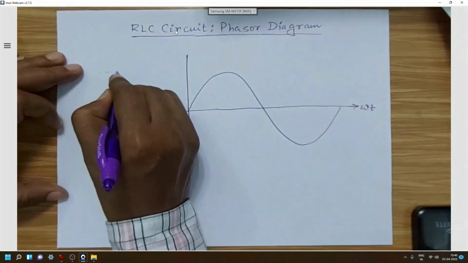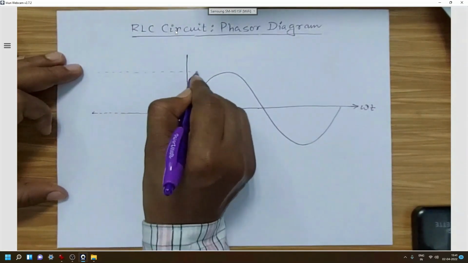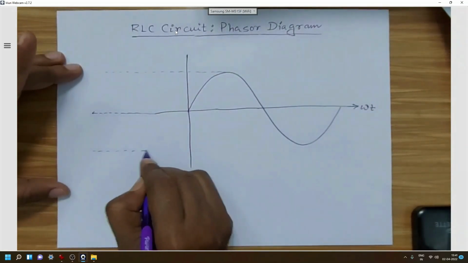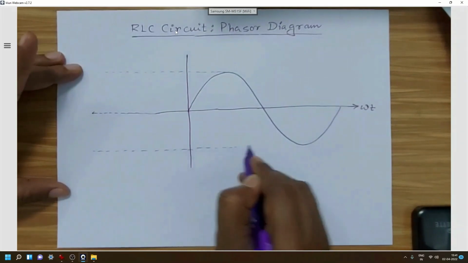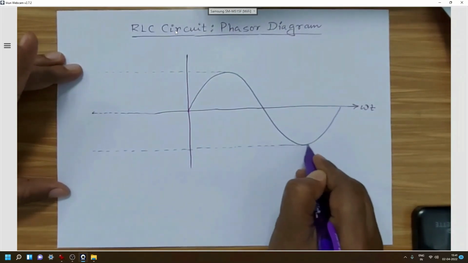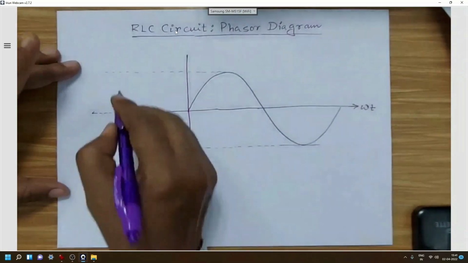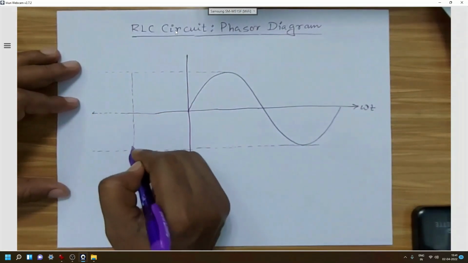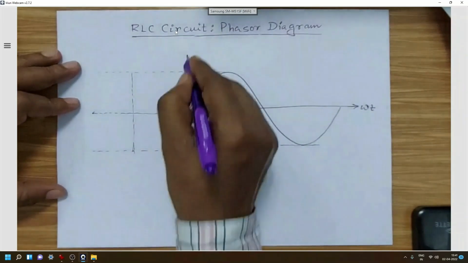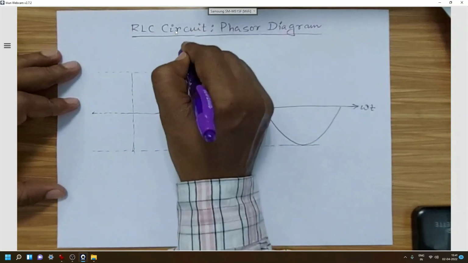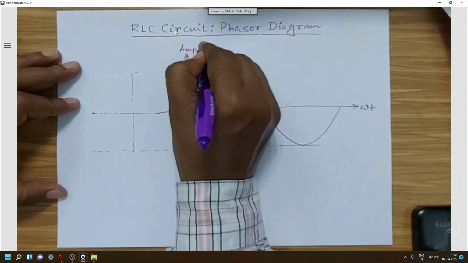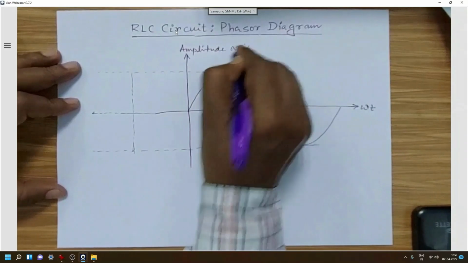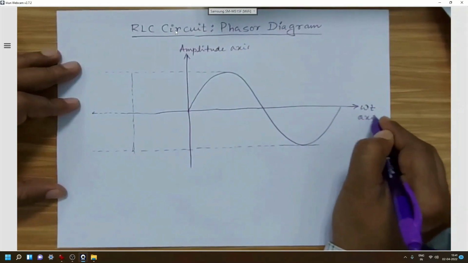And then after that we will identify the maximum or peak values, because we know that the phasor represents the peak value of the sinusoidal waveform, and we will make another vertical axis, parallel to the main vertical axis, that is the amplitude axis. So this is the amplitude axis and this is the omega t axis.